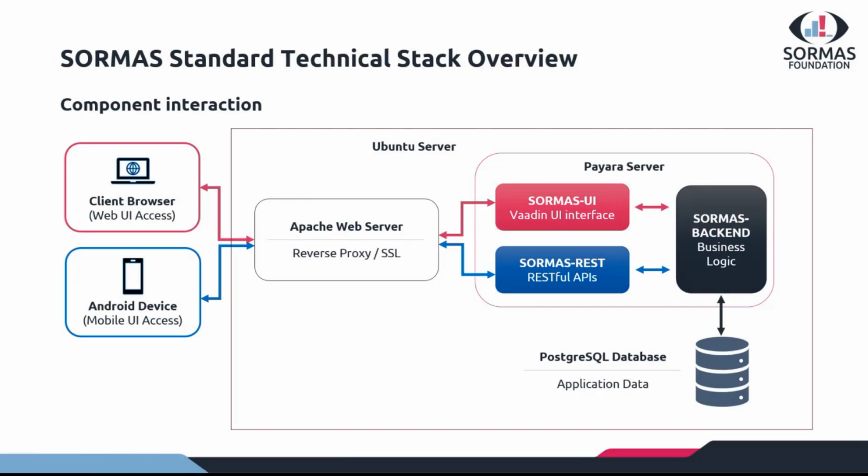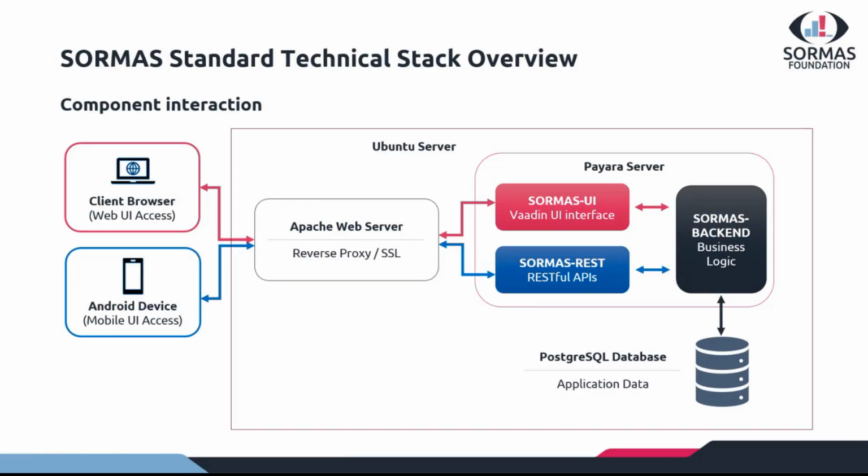SORMAS has many modules, but there are 3 core modules. The SORMAS UI, which is where people access the SORMAS application from a web interface. This is a Vaadin-based user interface module. Then we have the SORMAS REST API, which is used for integrating external systems to SORMAS.